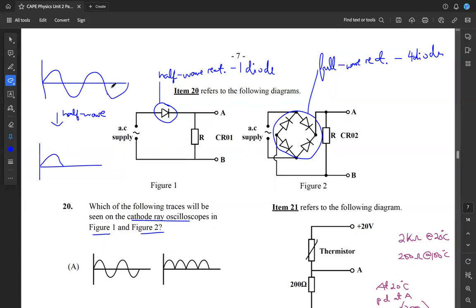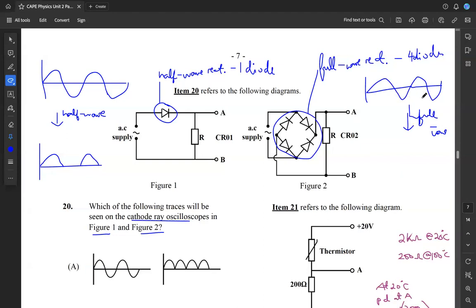So let me draw another trough here. The negative part is going to go away. So all of this is going to go away, and we'll end up with just the positive part. So we'll see this in the case of half wave rectification. In the case of full wave rectification, let's draw 2 cycles, right? When it's full wave rectification, what we're going to see is that these negative portions are actually turned into positive portions.